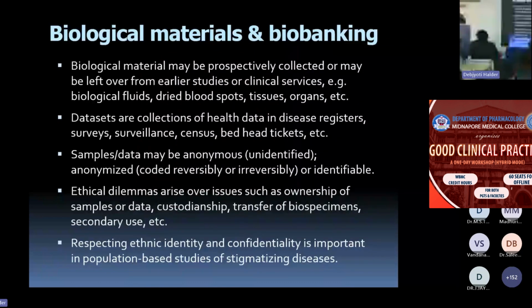Biological materials and biobanking. Biological materials may be prospectively collected or may be left over from earlier studies or clinical services. This could include biological fluids, dried blood spots, tissue samples, even organ samples. Okay. Data sets are collections of health data in disease registers, surveys, surveillance, census, bedhead tickets.